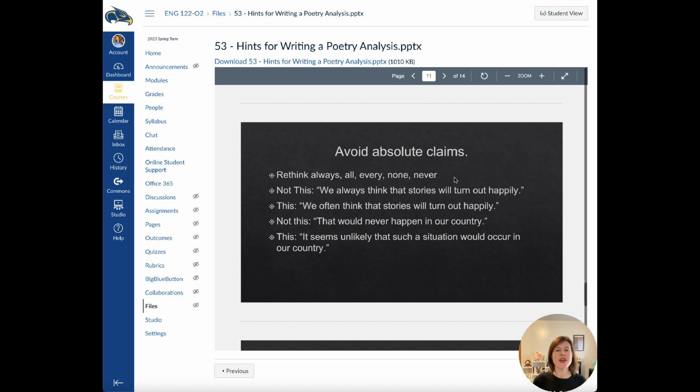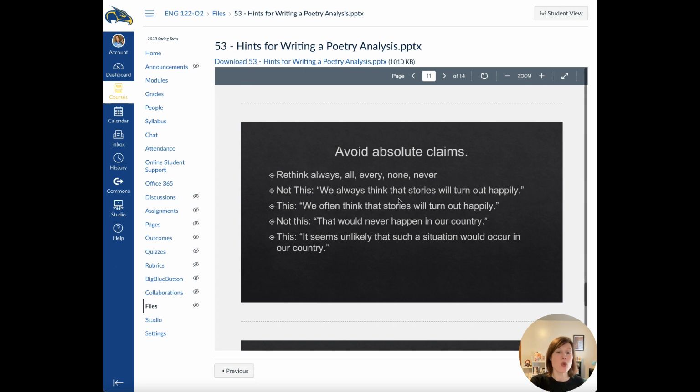So don't just say, we always think stories turn out happily. Do we always think that? What if I don't think that? Statements that are absolutes, if they are not agreed upon by your reader, will turn that reader off from your paper and they'll instantly disagree with you as a writer and it won't be good.